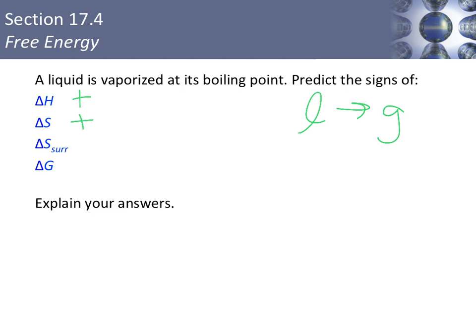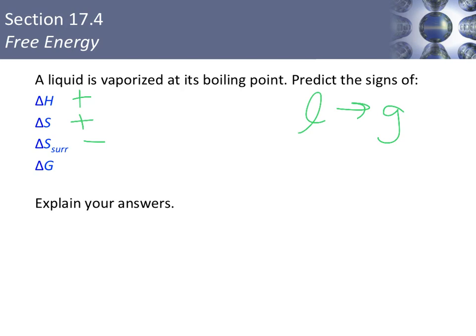The gases are more disordered, more random than the liquid. The entropy change for the surroundings is negative as this is an endothermic process. Heat is pulled from the surroundings into the system, and that decreases the random motion of those particles in the surroundings.